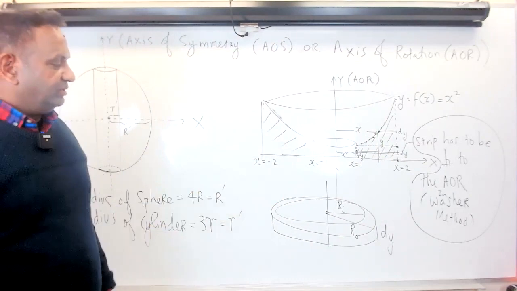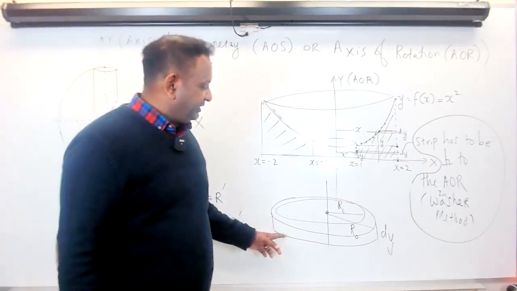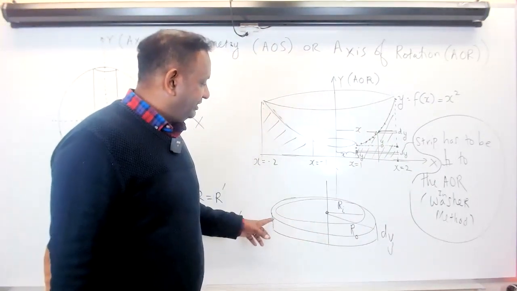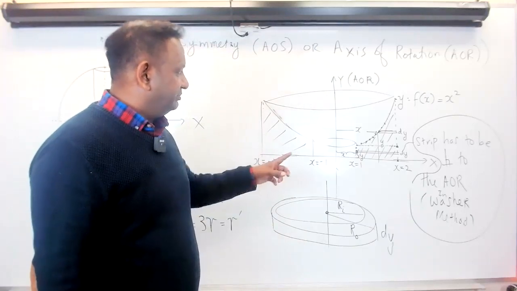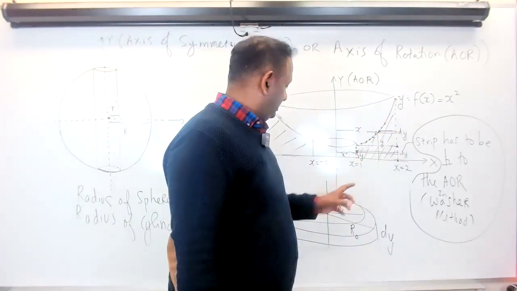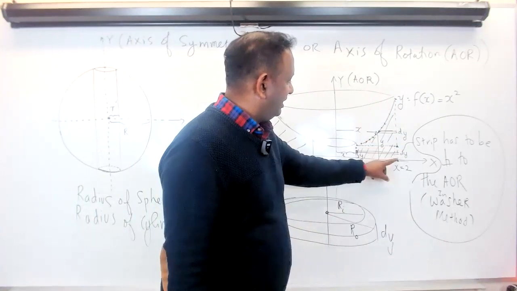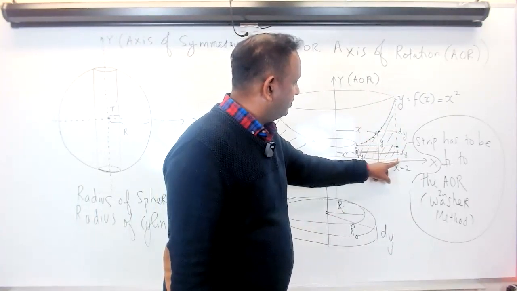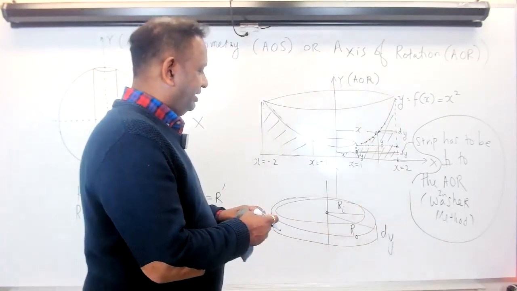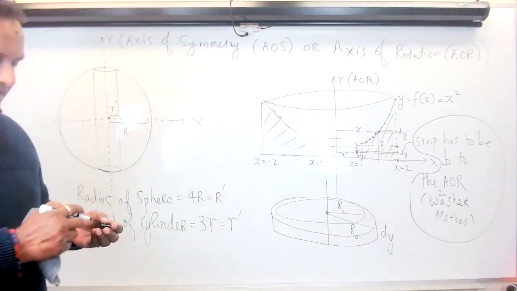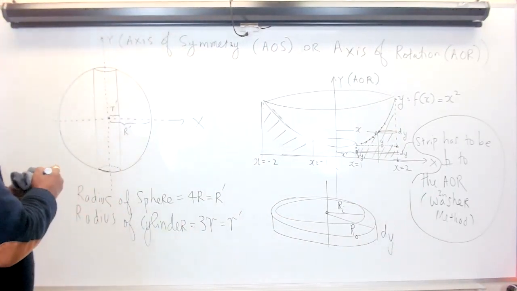So this is how we're going to use the washer method. Then you can easily find the volume of the washer, and then you integrate to get that volume, and separately you do that one more time from here to here. So a similar setup we can apply here.